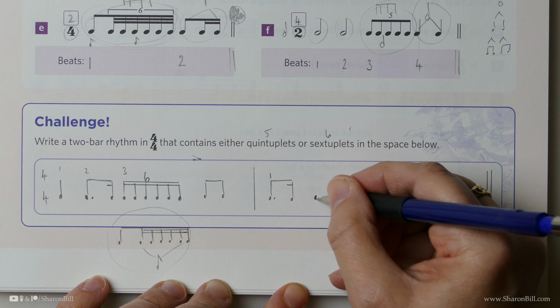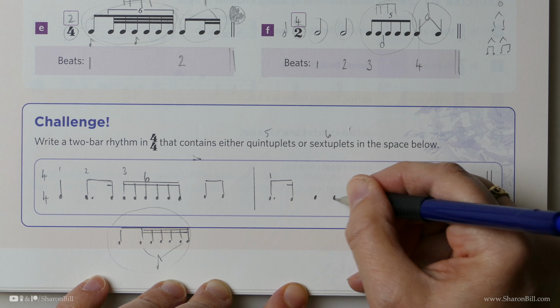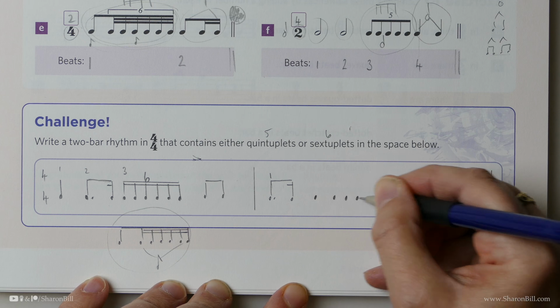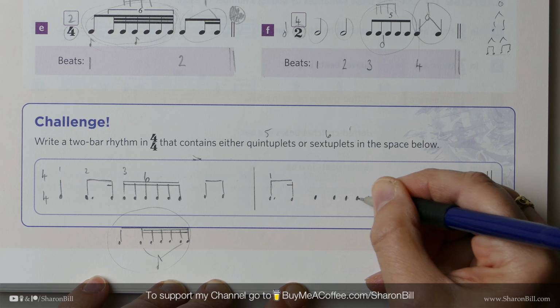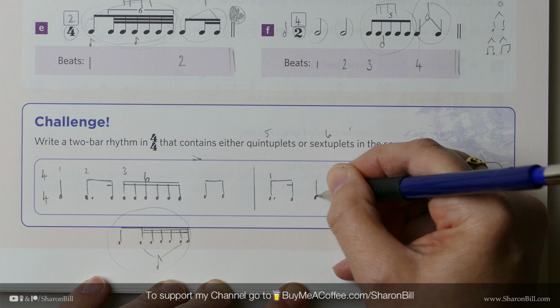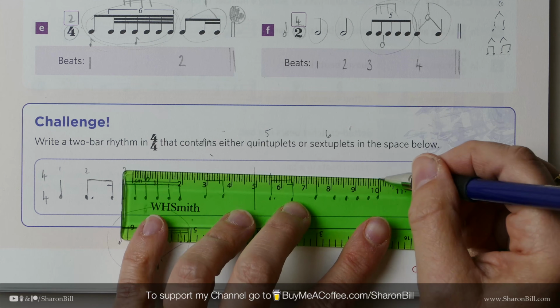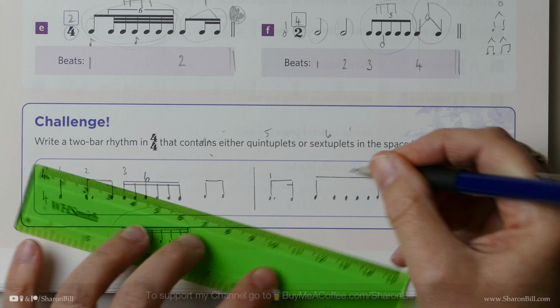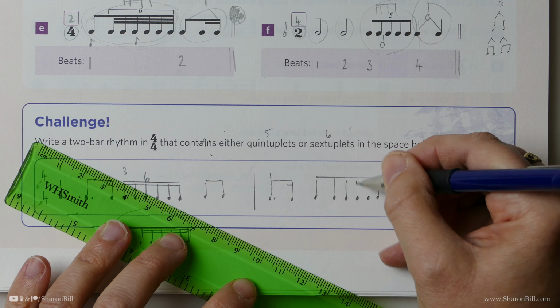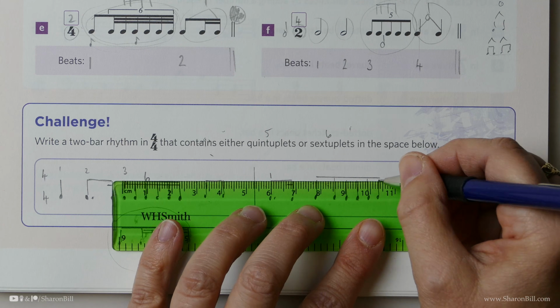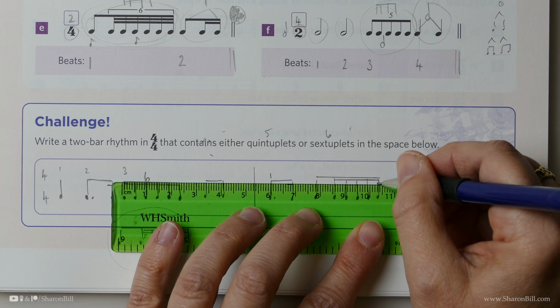So here's our first quaver beat, and then if we have 5, 1, 2, 3, 4, 5 demi-semis, so I just need to now make this last group of 5.